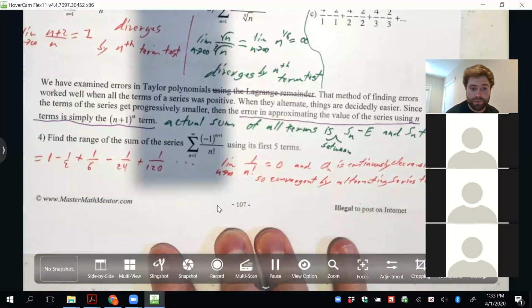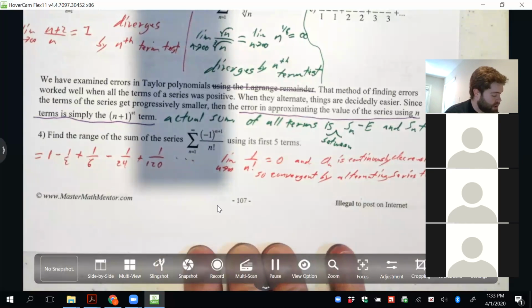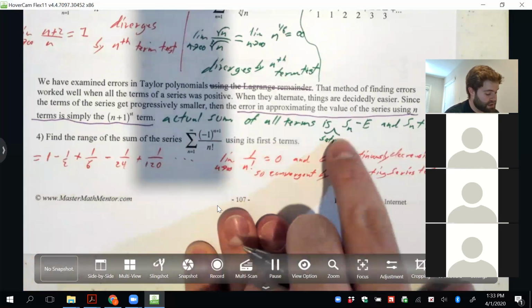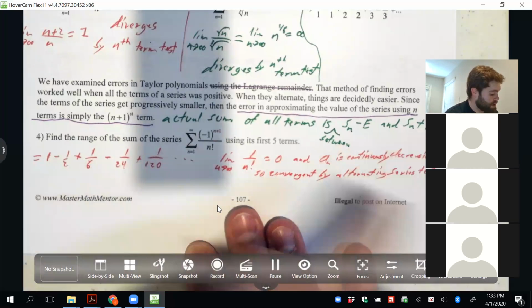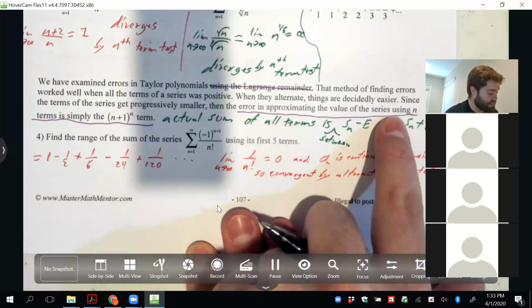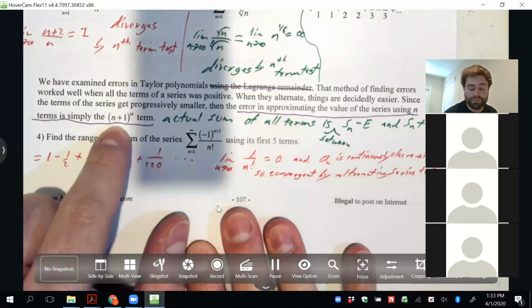It will converge to some value, and we're going to get a very close approximation of what that value is. And so, as we set up here, the actual sum is going to be somewhere between S sub n minus the error and S sub n plus the error. And we're told here that the error in approximating n terms is just the n plus first term.